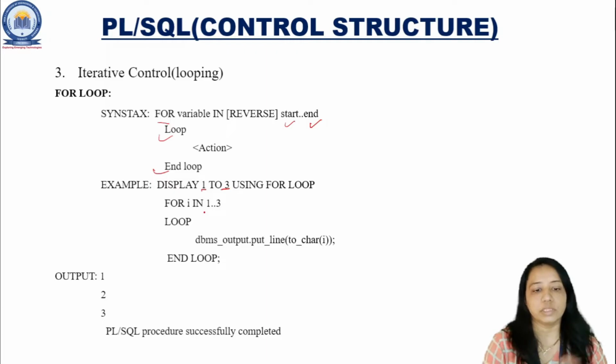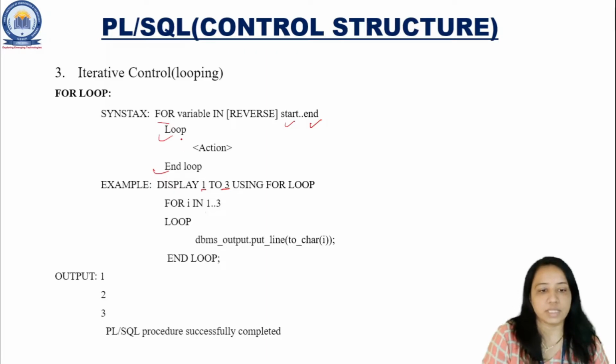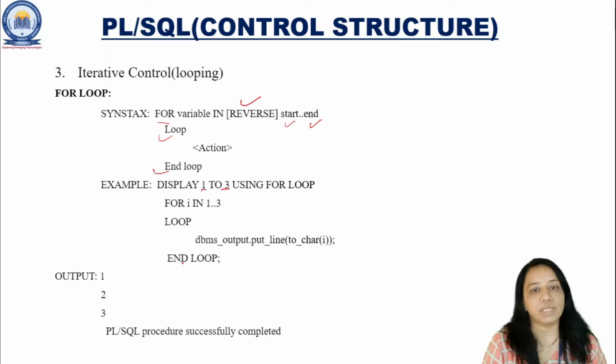If you want to execute your loop in reverse, you have to specify the reverse keyword after in. If we have not specified it, it starts with the start value and goes up to the end value. So loop and end loop, and in between I have written a simple dbms_output.put_line of I.